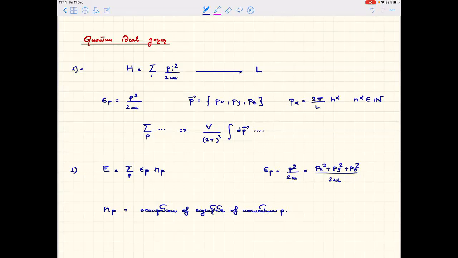And in particular, this implies, again, stuff that you are supposed to know from quantum mechanics, that if you have a fermion, then you cannot put more than one fermion on a given level, on a given eigenstate. So a given eigenstate can be occupied by at most one fermion. So n_P can be equal to 0 or 1 for fermions. Well, n_P can be equal to whatever for bosons.